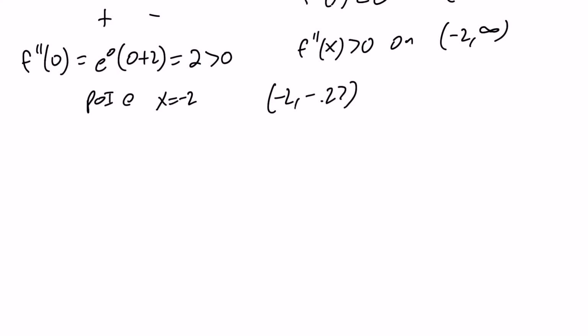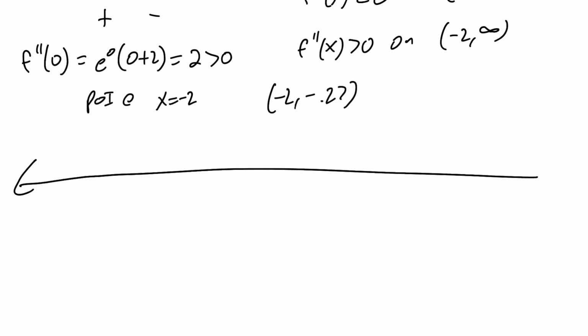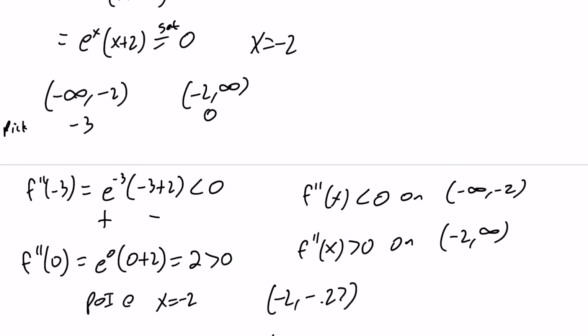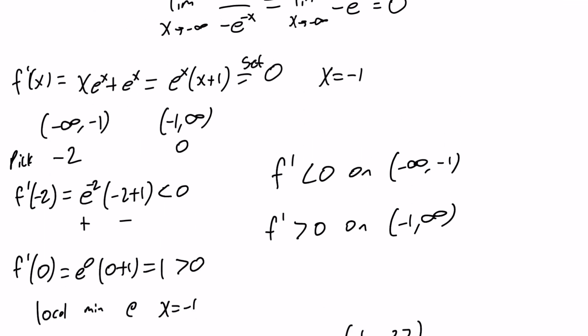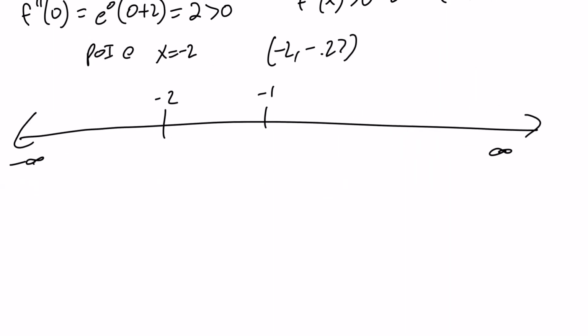Altogether, if we draw our number line from -infinity to infinity, and we plop down our important points at -2 and -1, those were our important points, right? Yeah. We have three intervals: from -infinity to -2, from -2 to -1, and from -1 to infinity.